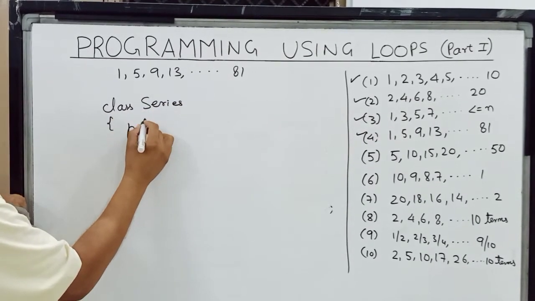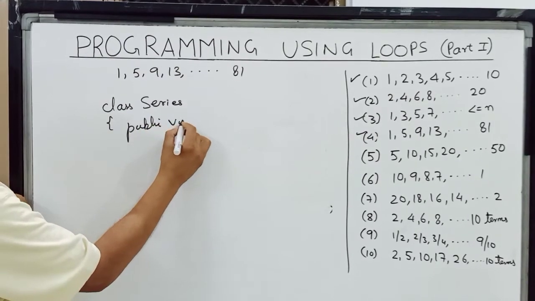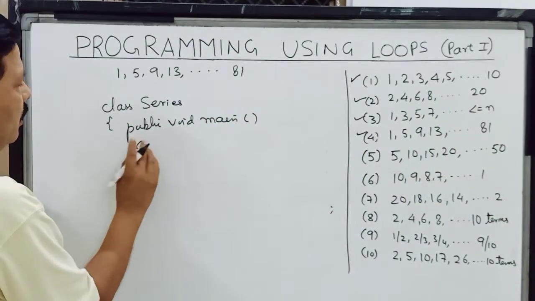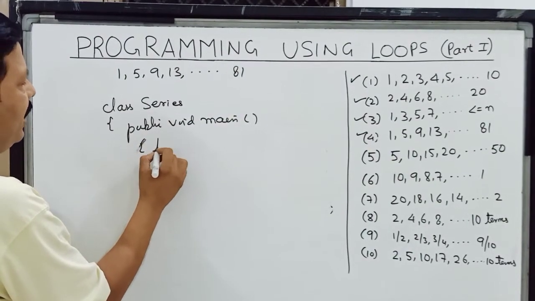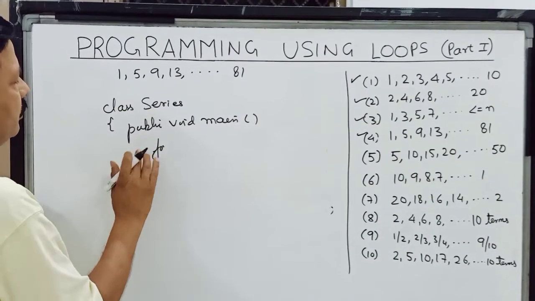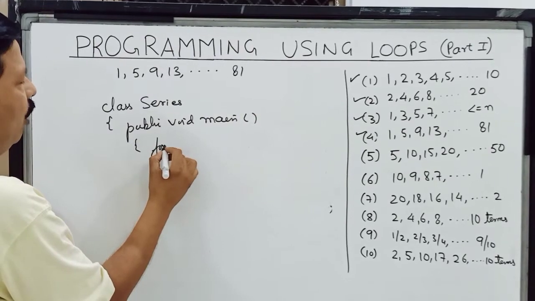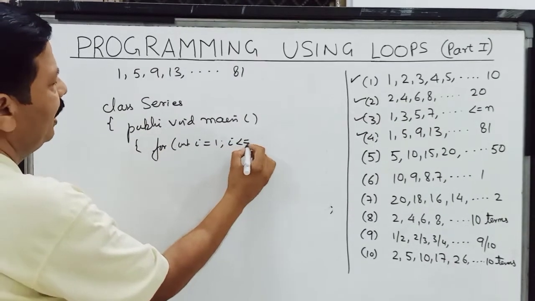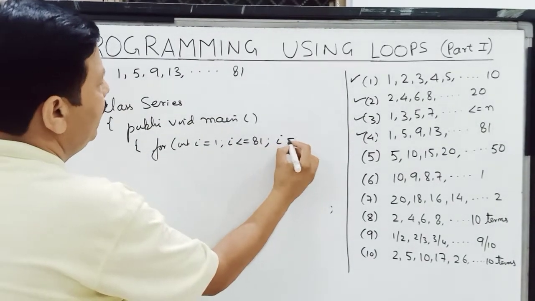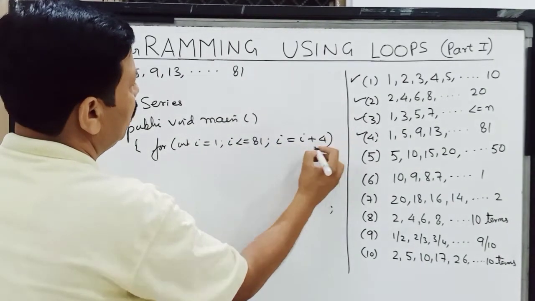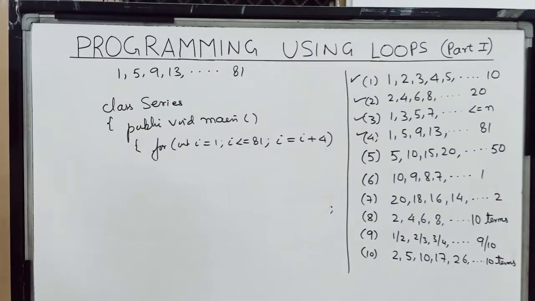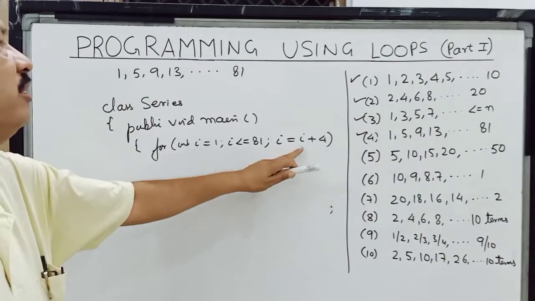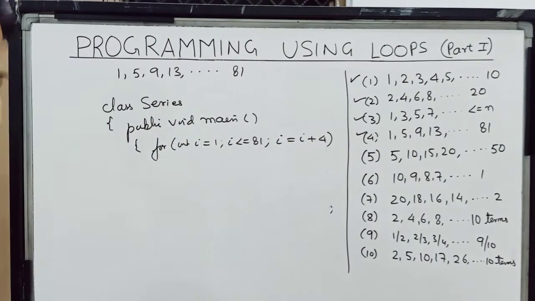So, public void main. Here I am starting my loop: for int I is equal to 1, I less than or equal to 81, and here I am going to say I is equal to I plus 4. Initially my value of I will be 1, then it will be increased by 4, I will get 5, then I will get 9.